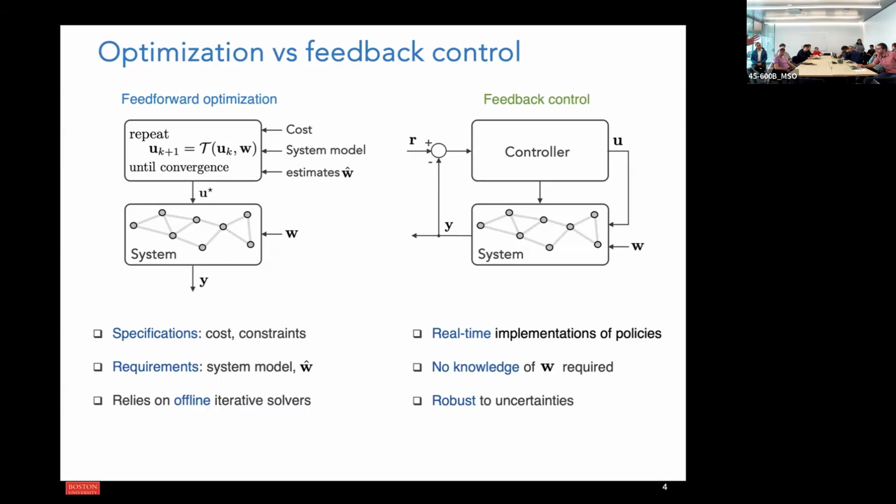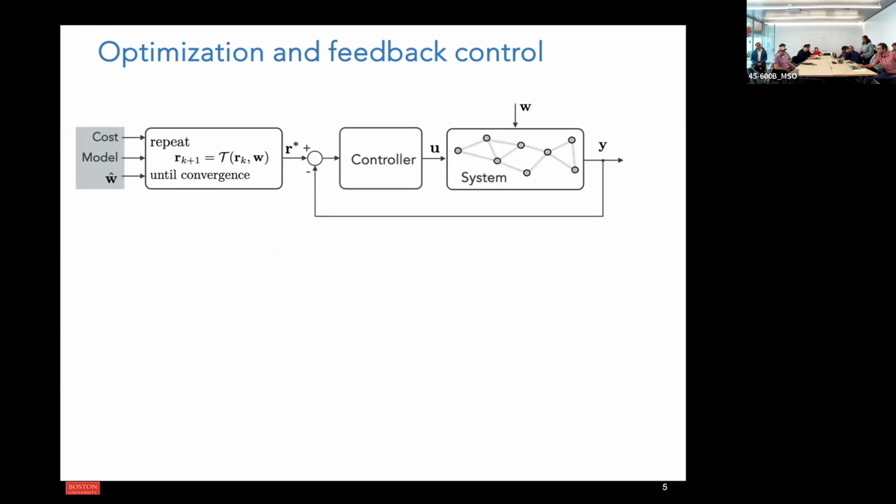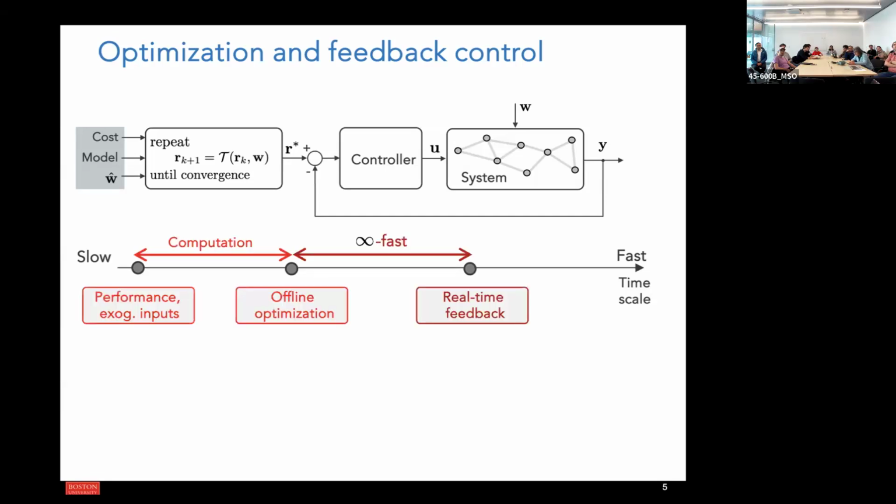Now, these two tools come together in a traditional decision-making architecture, whereby at a slower time scale, we solve this optimization problem to produce a reference point for our system. And then at a faster time scale, our controller will quickly regulate the output or the state of our system to this reference point.